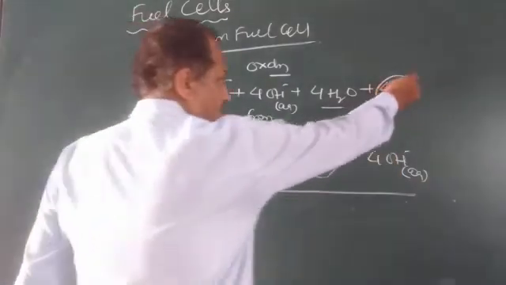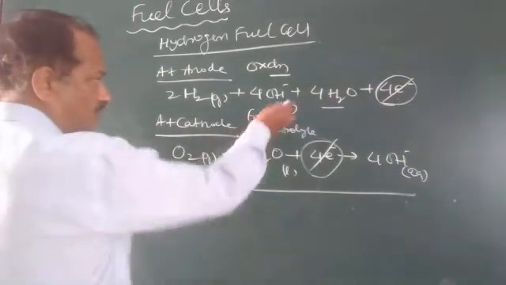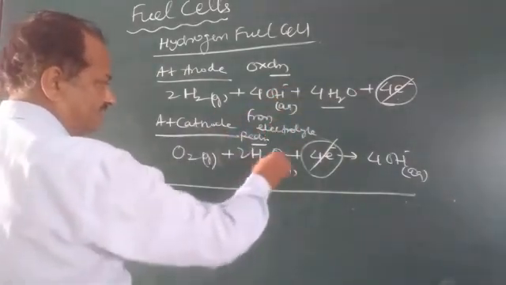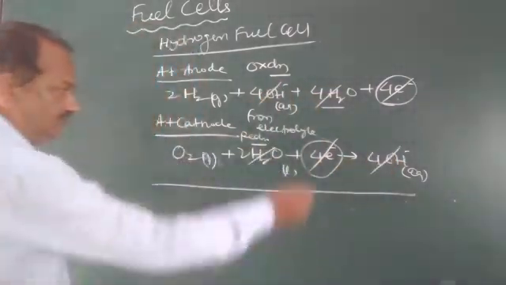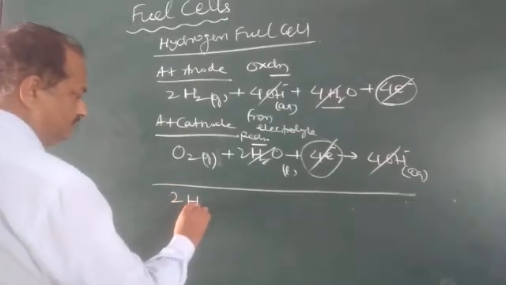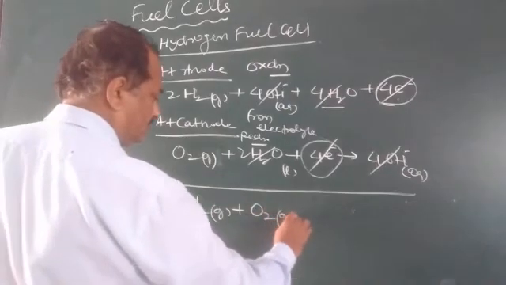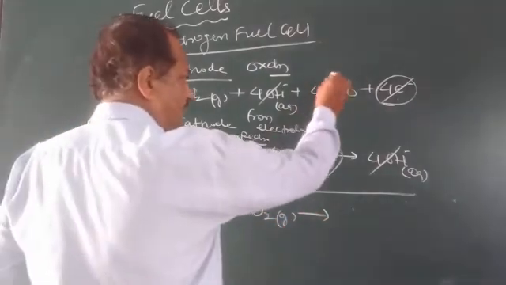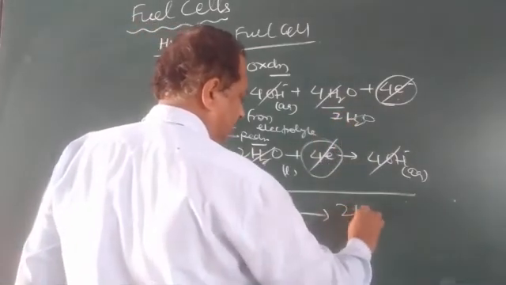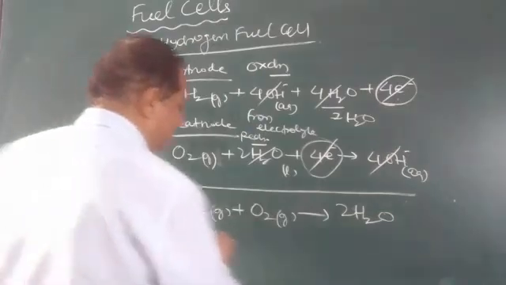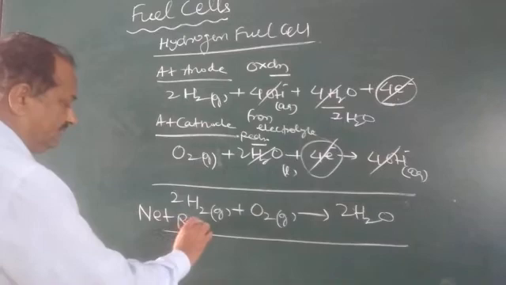Adding up, 2H2 gas plus O2 gas gives 2H2O. This is the net reaction.